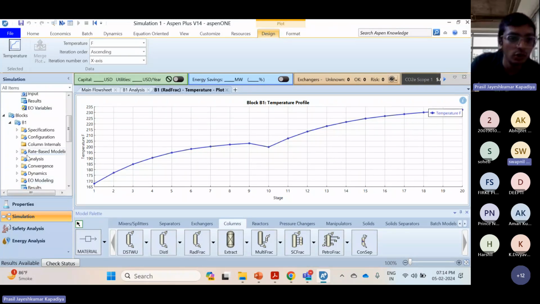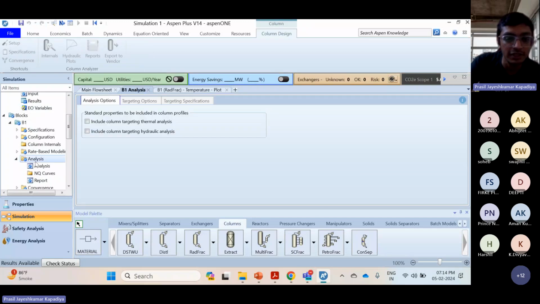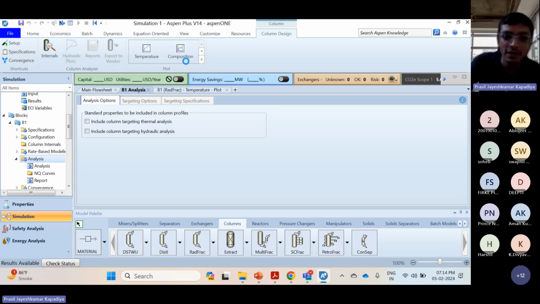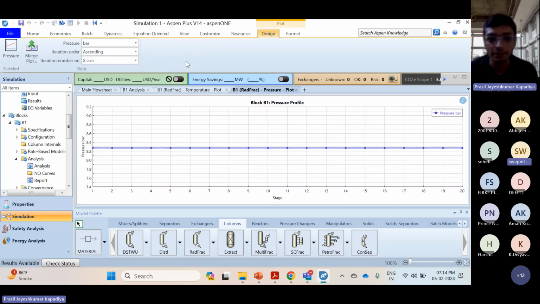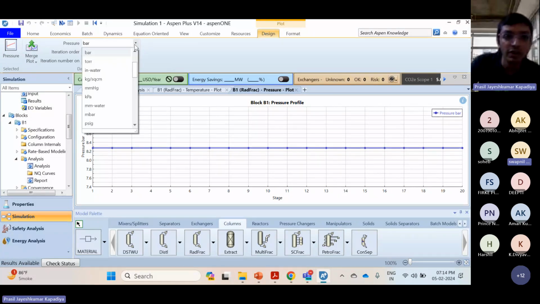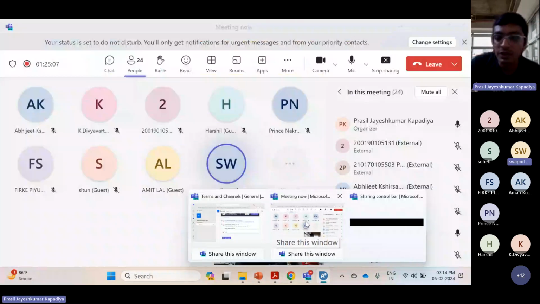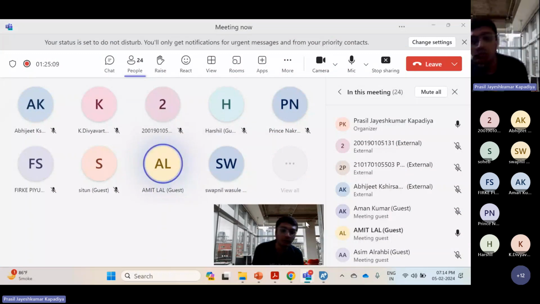Now let's say I want to, what else we can plot? We can plot pressure also. What should be pressure? Should be same, because we have given zero pressure drop.